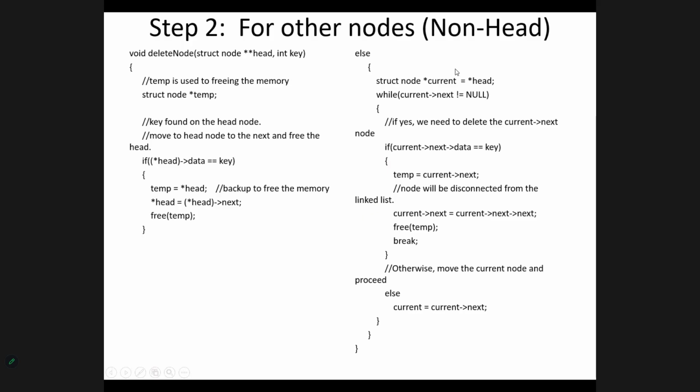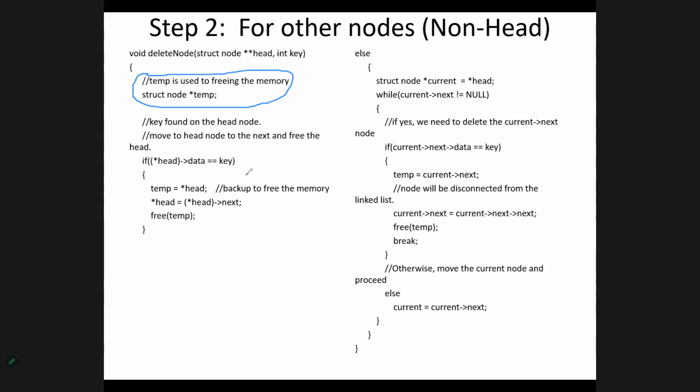For other nodes, we discussed this. See, very easy. This temporary pointer is used for freeing the memory; we use the temp pointer to keep the node we are deleting. If the key is in the head node, if head data is the key, we are lucky.